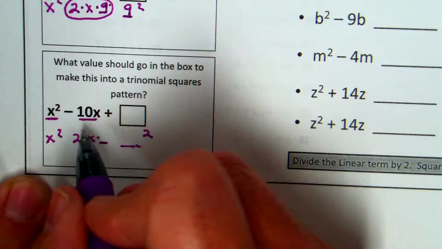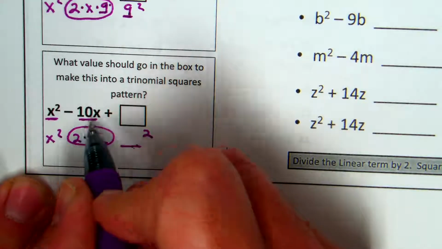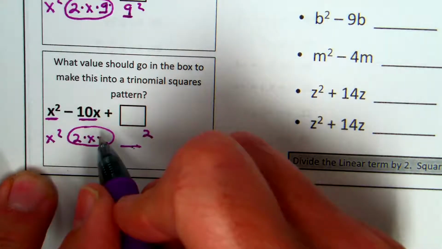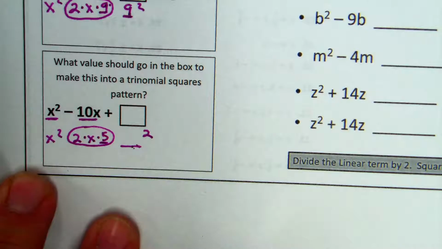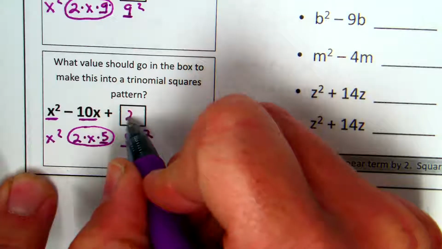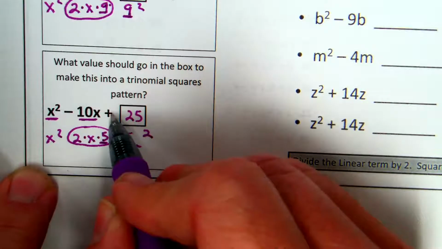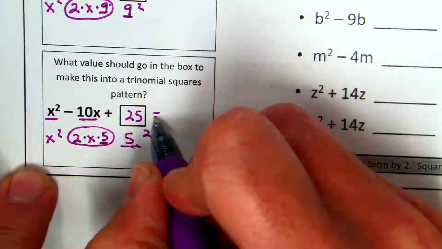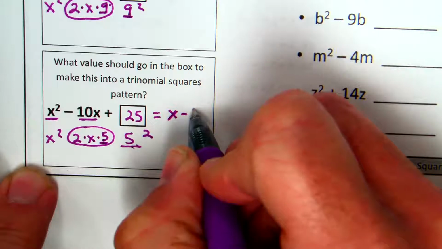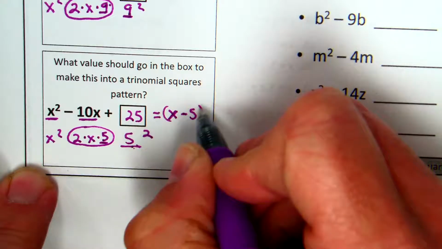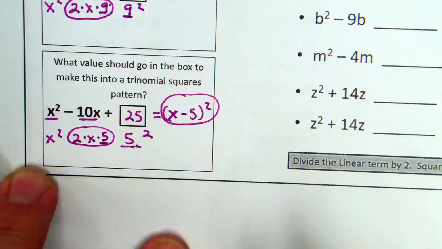Any idea what that number is? In order for me to get 10x in the middle, this number has to be a 5. Meaning the trinomial squares pattern is x squared minus 10x plus 25, or x minus 5 times itself.